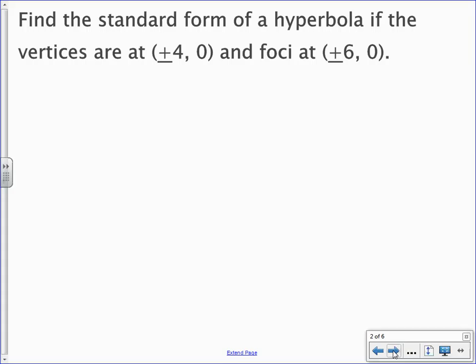We know that the vertices are at plus or minus 4, 0, and the foci are at plus or minus 6, 0. Okay? Let's see, Matt.